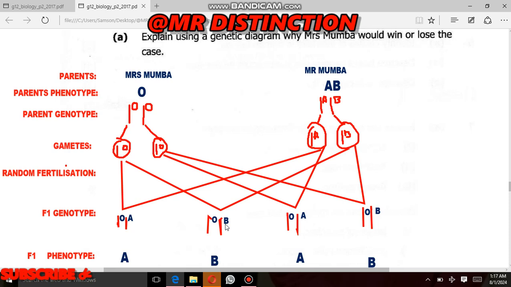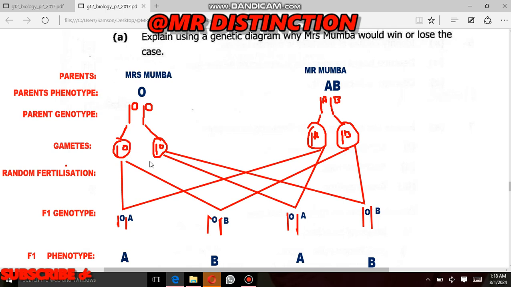Here we also have to know that blood group O is recessive to blood group A and to blood group B. So on this one, blood group B will be the phenotype since it is dominant over O.